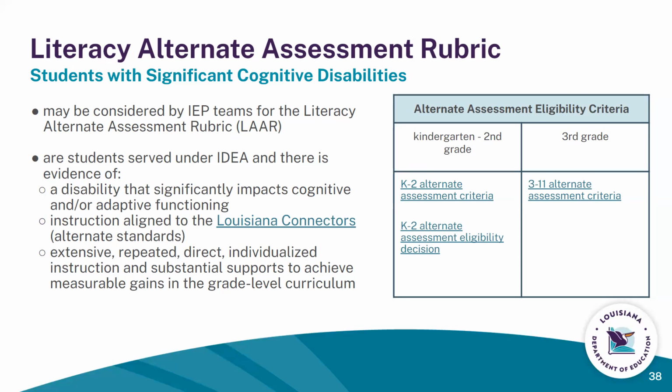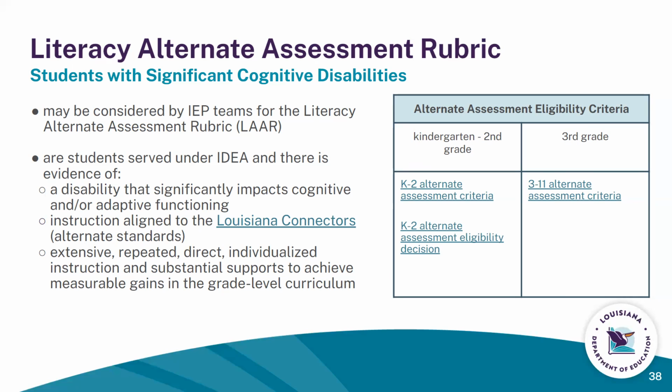And a student with a significant cognitive disability is a student whose disability is significantly impacting their intellectual functioning and adaptive behaviors. Their instruction is aligned to LEAP Connect alternate standards.